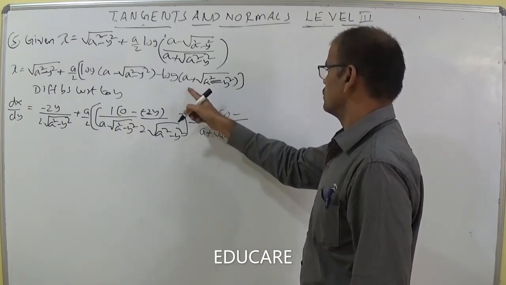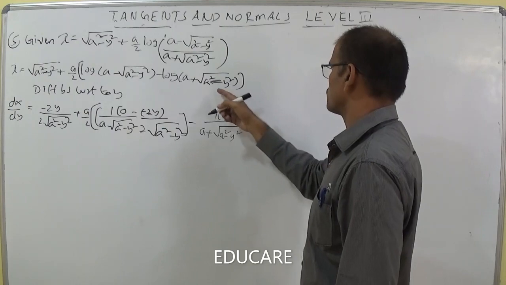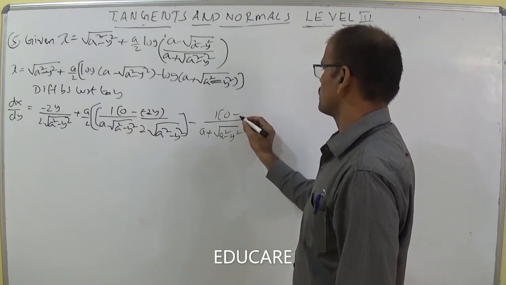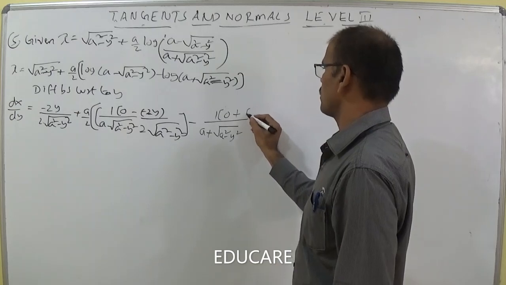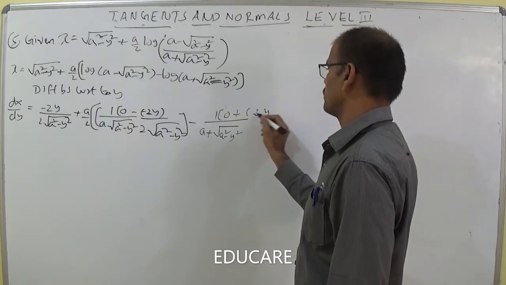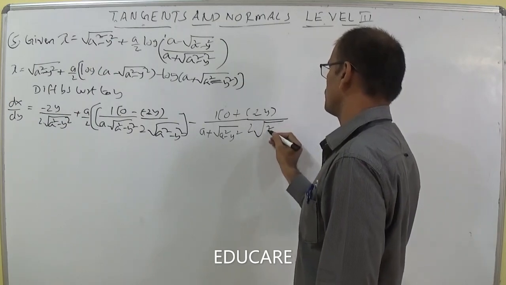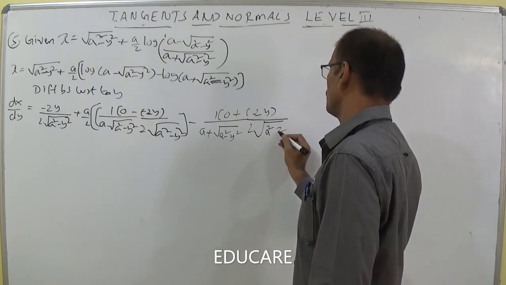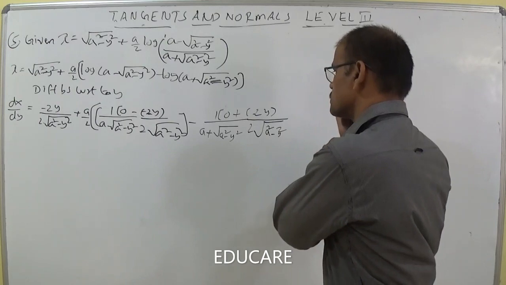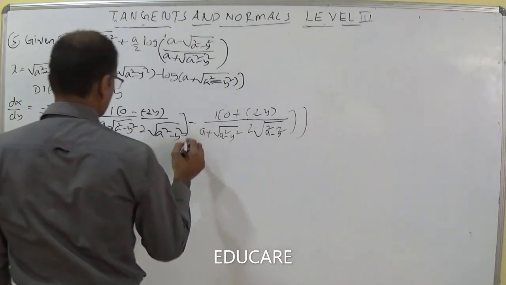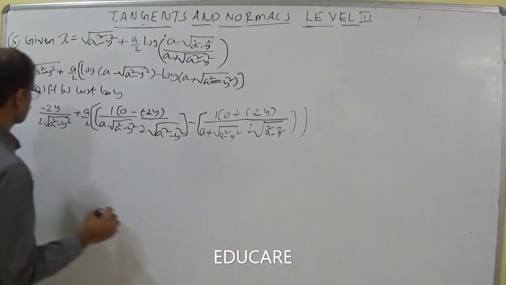The derivative of a is 0, and for a square minus y square, you can write 0 plus 2y, minus 2y whole by 2 into root of a square minus y square. Okay, here the second one is completed. Let it be another equation.